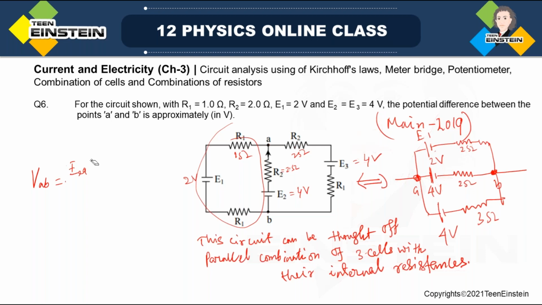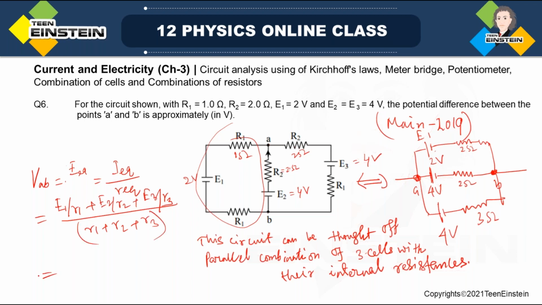So I can write this as I equivalent by R equivalent, and this can be written as E1 by R1 plus E2 by R2 plus E3 by R3, divided by 1 by R1 plus 1 by R2 plus 1 by R3, since the resistances are also in parallel.